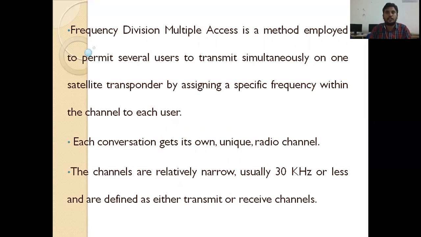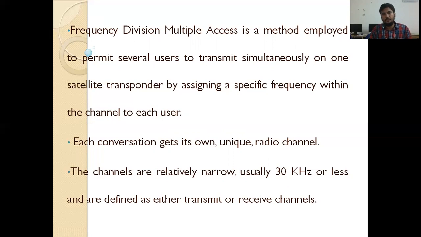That is the main advantage of FDMA. So n number of users transmit n number of data simultaneously. How many users are there, how many channels are there, is another topic that we will discuss in a later class.